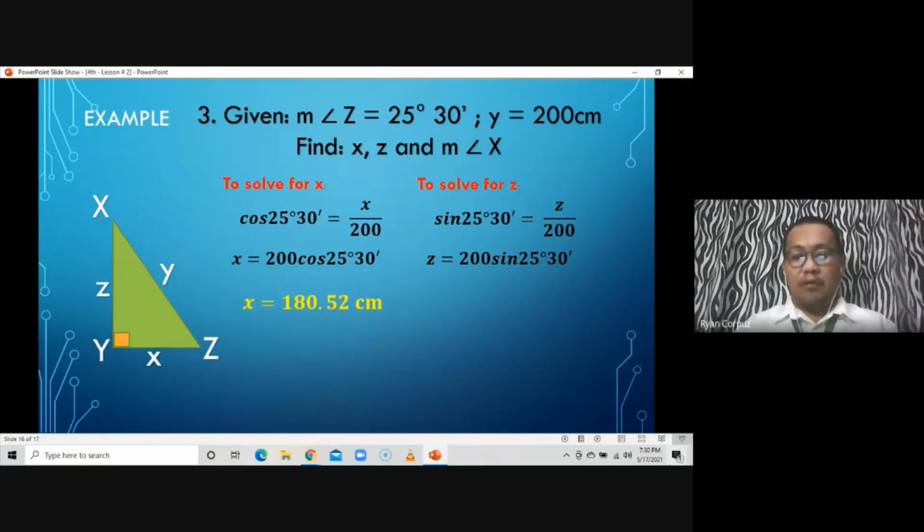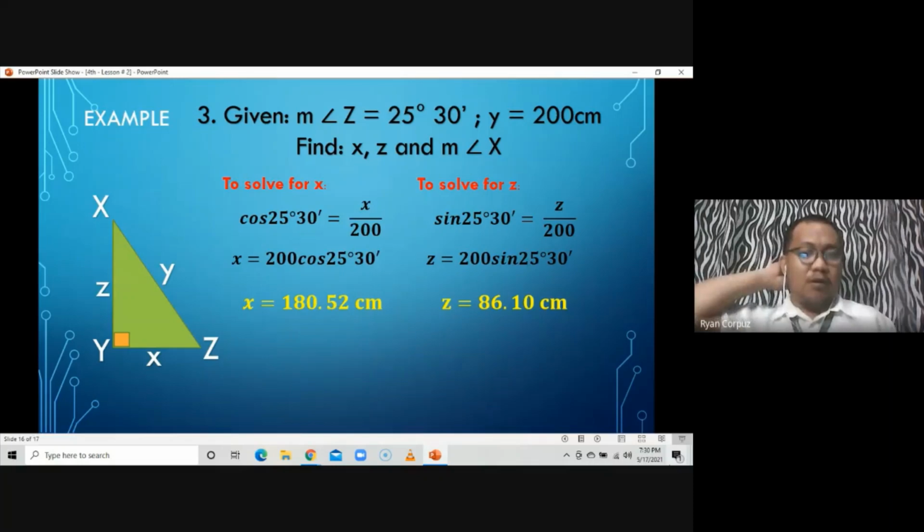Then press in the calculator, 200, press times, press sine 25, tapos DMS 30, DMS, then press equals. You'll come up with the value of Z, which is equal to 86.10 centimeters. So did you get that example? Did you get on how we find for the value of Z?